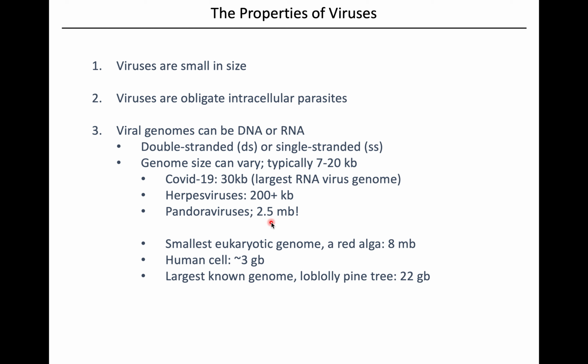Just to give you a sense of comparison, a small eukaryotic genome, for example red algae, would be 8 million base pairs. The human genome is 3 gigabases, or 3 billion bases. And so far, the largest known identified genome is, surprisingly, the loblolly pine tree at 22 billion bases.